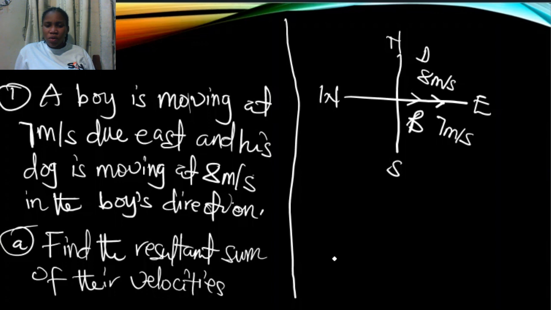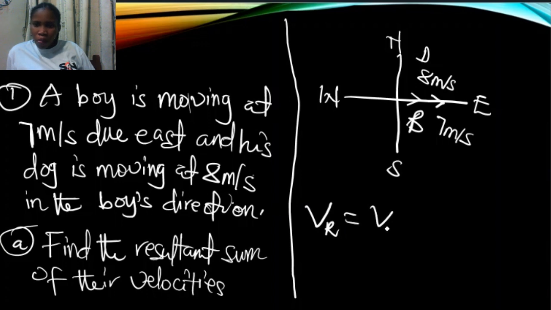So to find their resultant sum, the resultant sum will be the sum of the two. So let's say VR be the velocity of the boy plus the velocity of the dog. We are adding them, and since they're in the same direction, we'll have to add them.